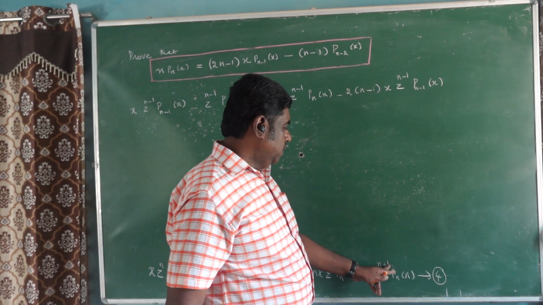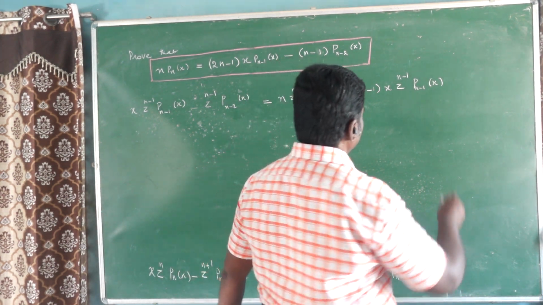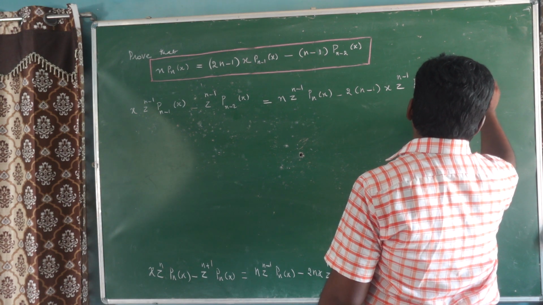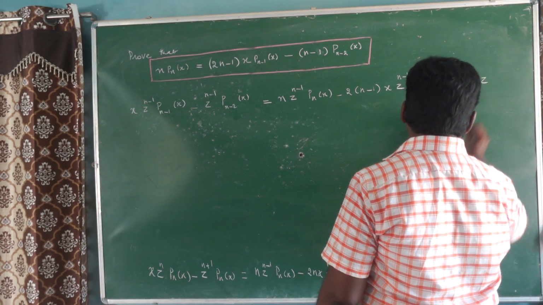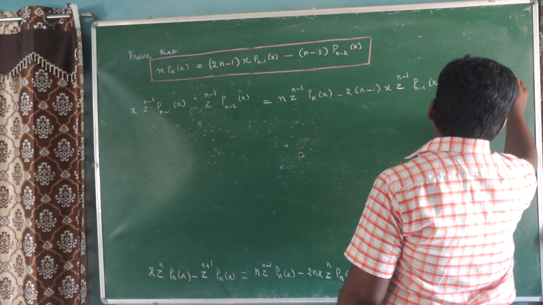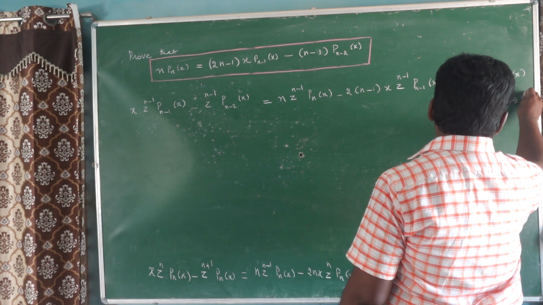Here z power n plus 1 is present, so replace n by n minus 2: plus (n minus 2) z power n minus 1 P n minus 2 of x. So this is equation 5.